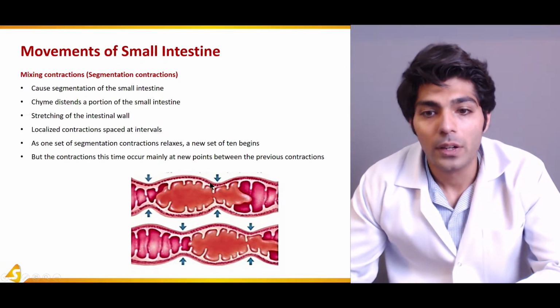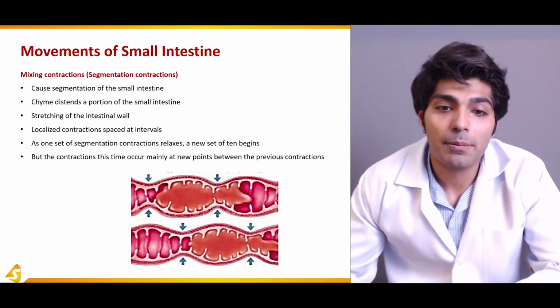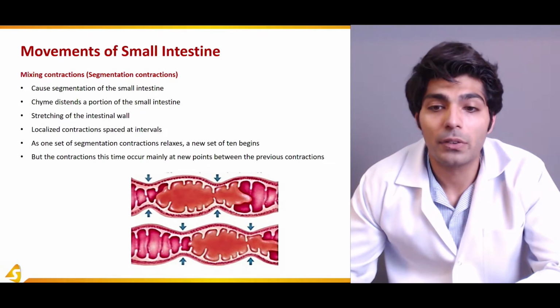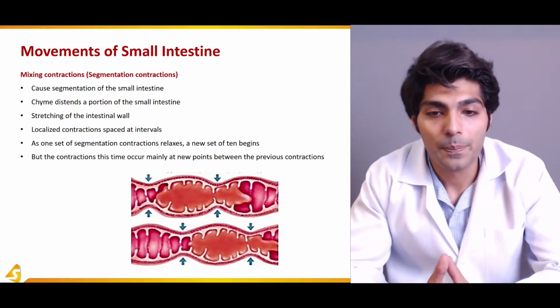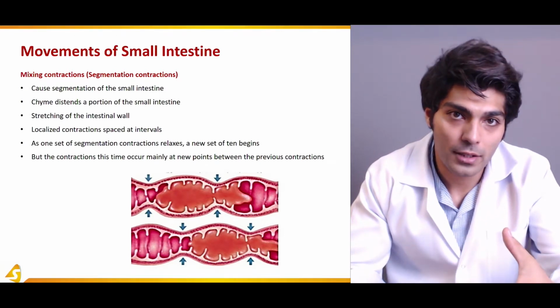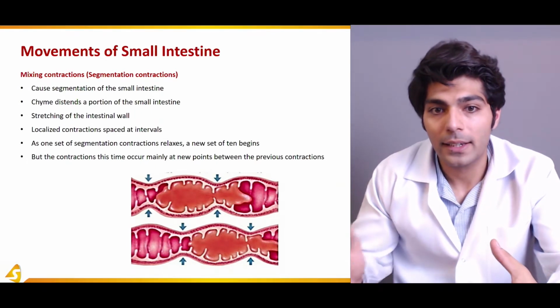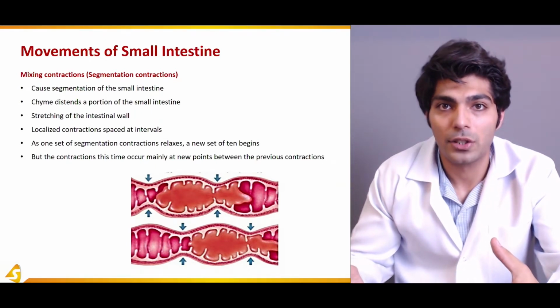A new set begins, but the contraction this time occurs mainly at the new points between the previous contractions. So the previous points of contraction will be the next points of relaxation in the next segmentation contractions.